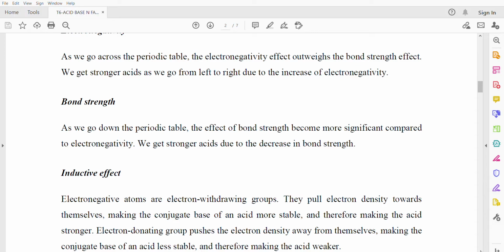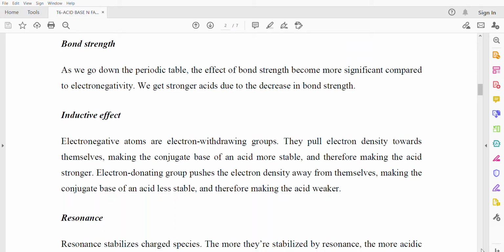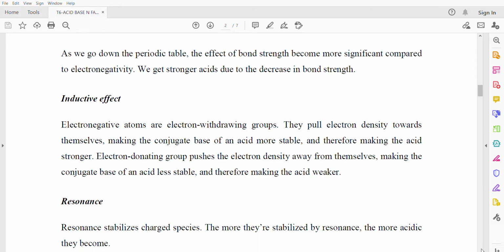But although hydrogen fluoride is more electronegative than iodide, hydrogen iodide is the strongest acid as compared to hydrogen fluoride due to polarizability effect or bond strength. Okay, I hope you have understood it, because in previous classes I have given you this concept clearly. Now, inductive effect.